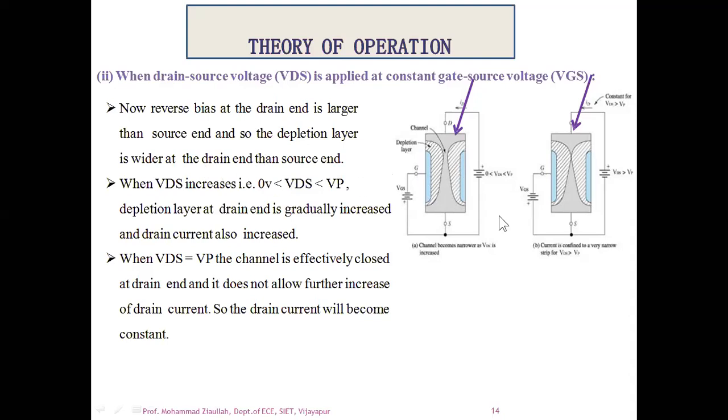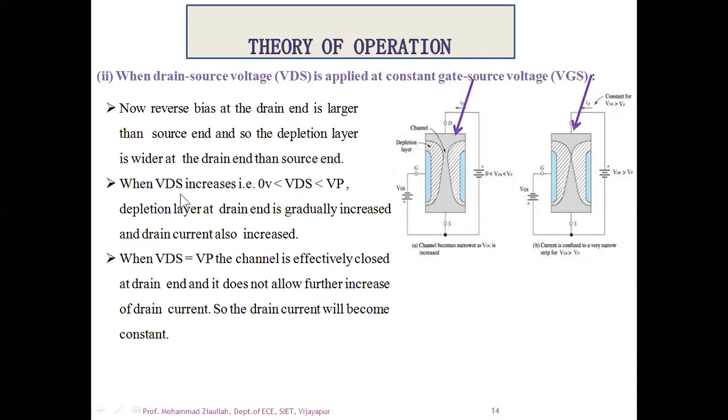You can see in the figure that these two depletion layers are becoming wider, or big, at this particular point. Why? Because I have applied a positive voltage. And what about this? This is the negative voltage, and that too it is a constant voltage. There is no change in the depletion layer at VGS. So this is one point.